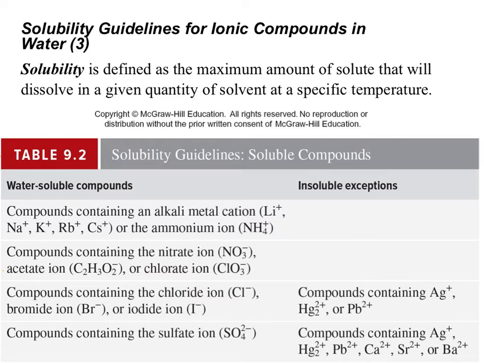As we saw before, lead iodide is a yellow precipitate. Also, most compounds containing the sulfate ion are soluble, with the exceptions of silver, mercury, lead, calcium, strontium, and barium, all of which are insoluble sulfates.